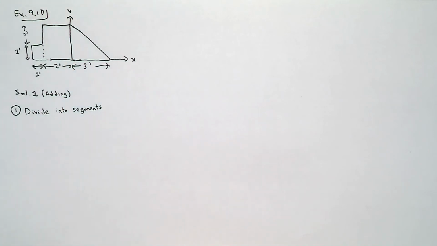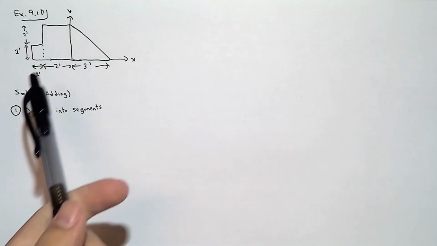Now this may be obvious for this one problem, but as you start working on more complex problems, the way you divide your elements starts to become less and less intuitive. So you may need to get a bit of practice here, but ideally, you want your segment to be simple enough that you can calculate your centroid easily, okay?